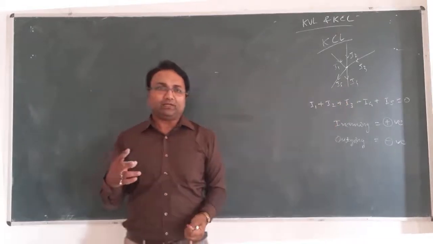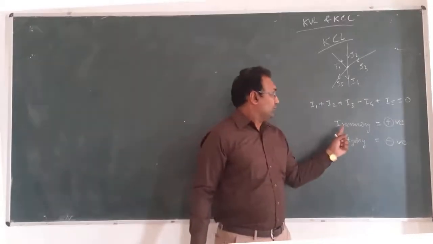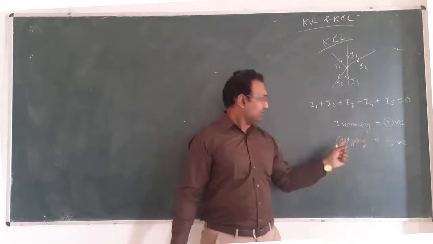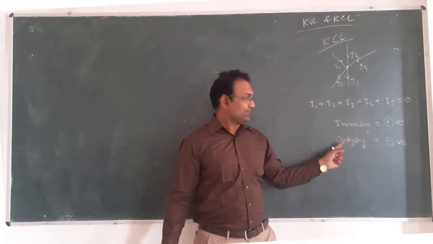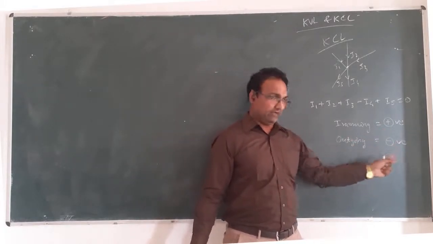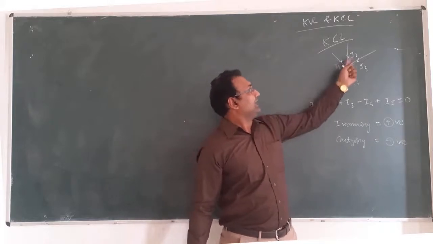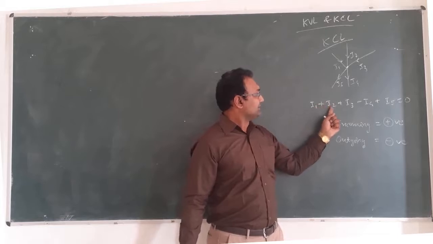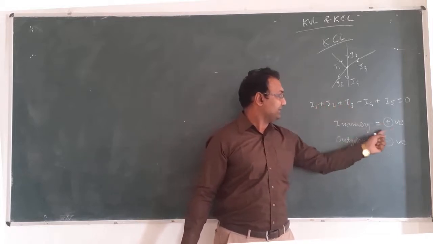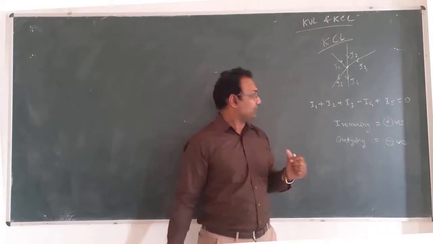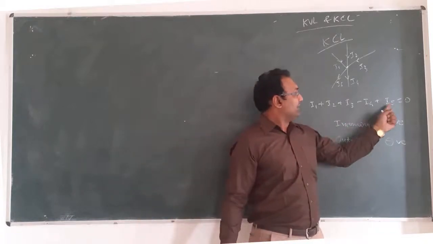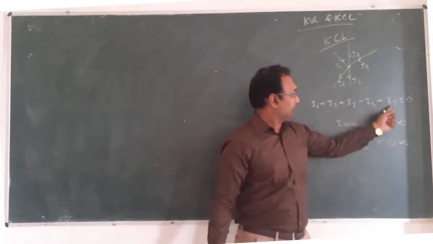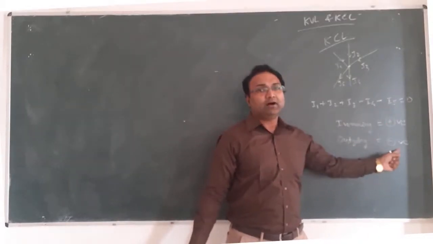Now we have basically two assumptions: whatever are the incoming currents, we will consider as positive, and whatever are the outgoing currents, we will consider as negative. So I1, I2 and I3 were the incoming currents, so I1 plus I2 plus I3, because we have considered incoming as positive, and I4 and I5 will be negative, because we have considered them as outgoing currents.